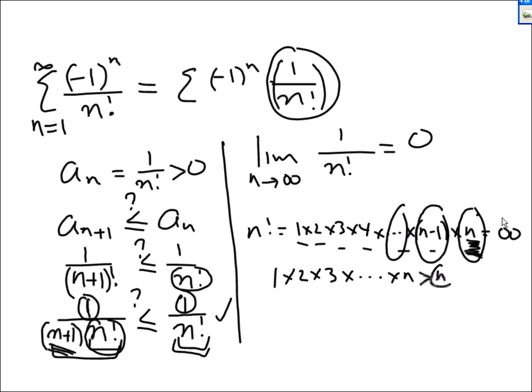And if n goes to infinity, you better believe this is going to infinity. And if the bottom is going to infinity and the numerator is just 1, it's going to 0. So the second criteria has been met. That limit is 0.